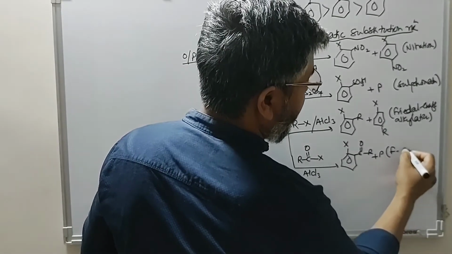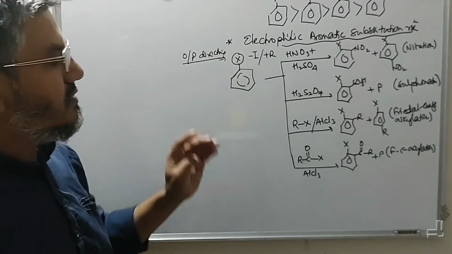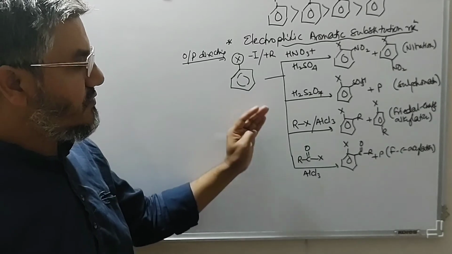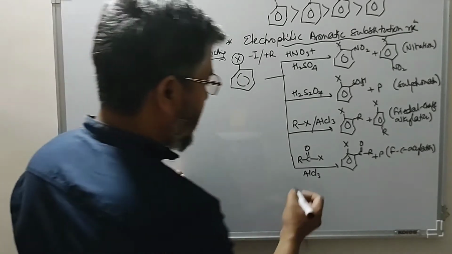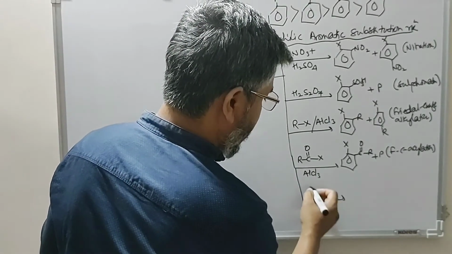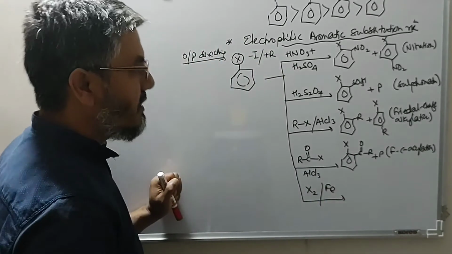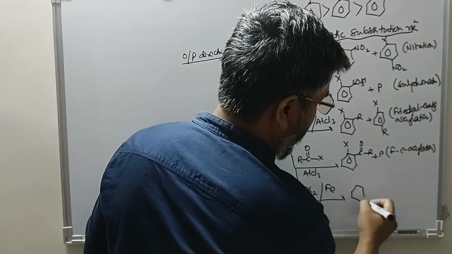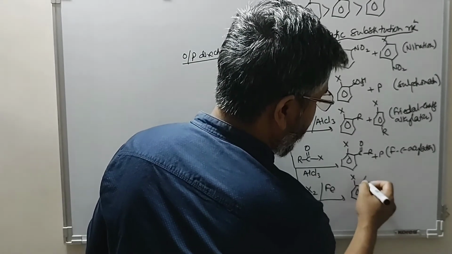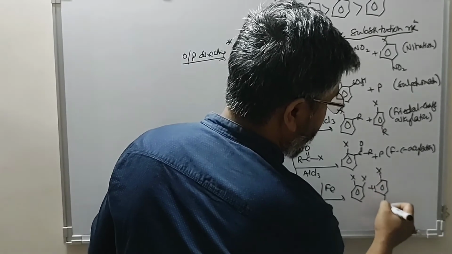This is known as Friedel-Crafts acylation reaction. So nitration, sulfonation, Friedel-Crafts alkylation, Friedel-Crafts acylation. We can also have halogenation. This reacts with halogen in the presence of iron. Again, the second halogen will be introduced at the ortho position and para position. This is known as halogenation.